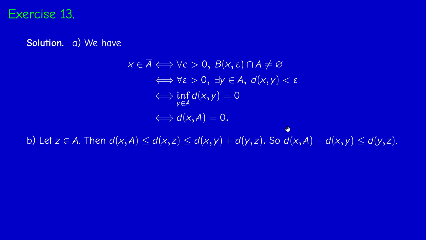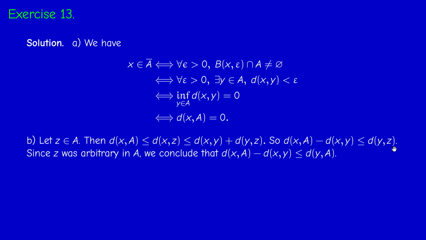If we subtract d(x,y), we get this inequality. Now, this is true for every z in A. Therefore, this is a lower bound of the set of d(y,z), z in A. But the distance from y to A is the greatest lower bound. Therefore, this lower bound is less than or equal to the infimum, which is d(y,A).